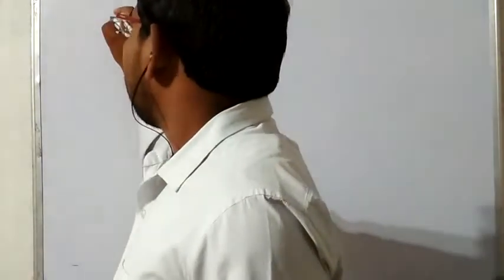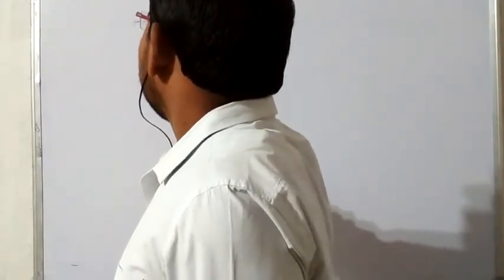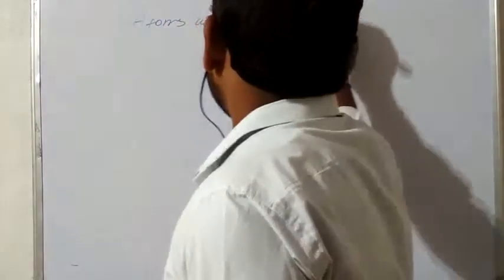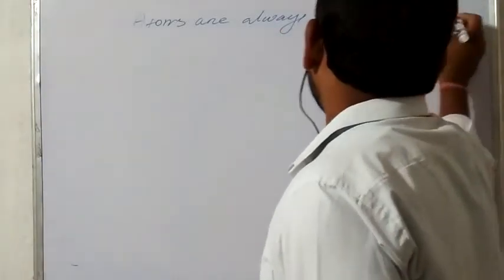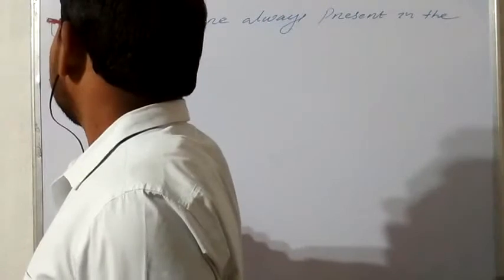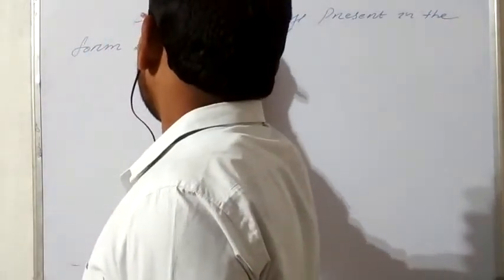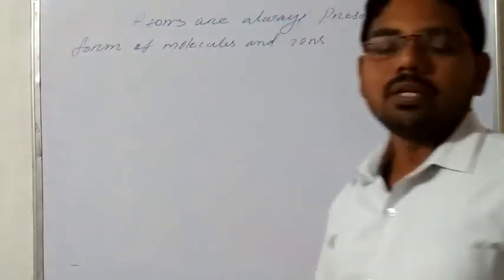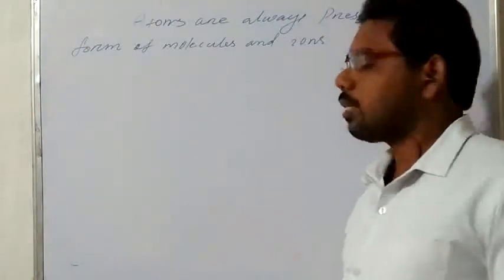Atoms are always present in the form of molecules and ions. Atoms do not exist independently. That's why they are present in the form of molecules and ions.